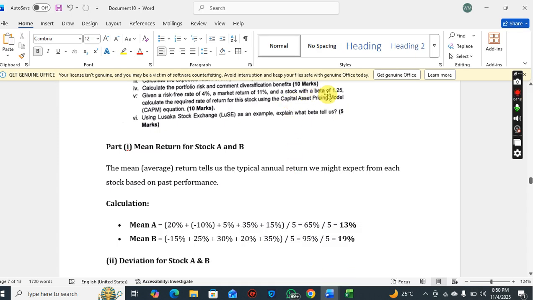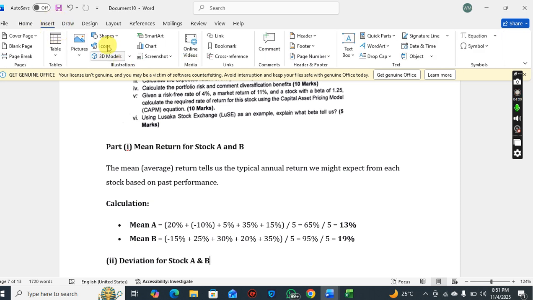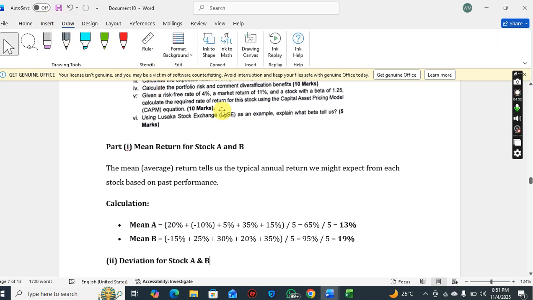This beta, equity beta, measures the risk of stocks in relation to the stock market. The benchmark is always 1 for equity beta because the market return is situated at 1.